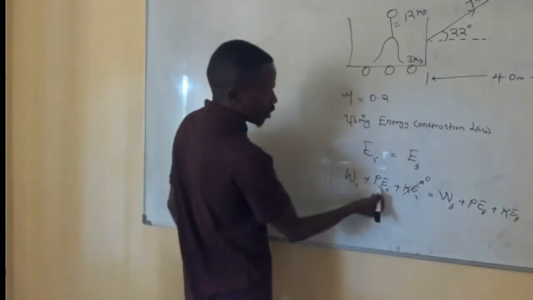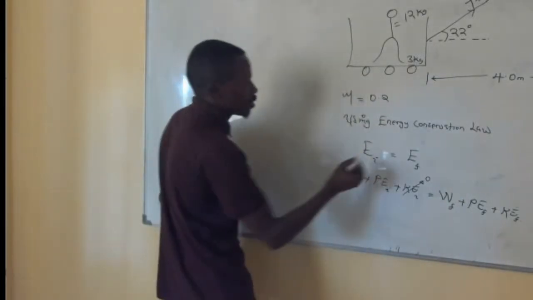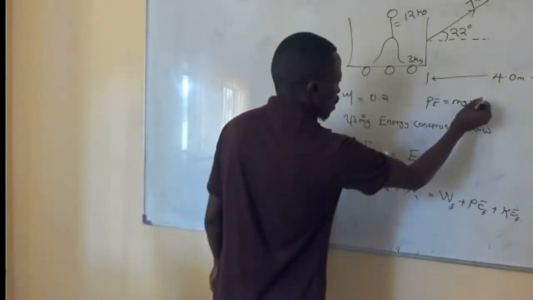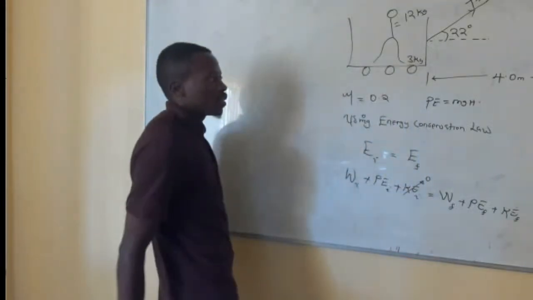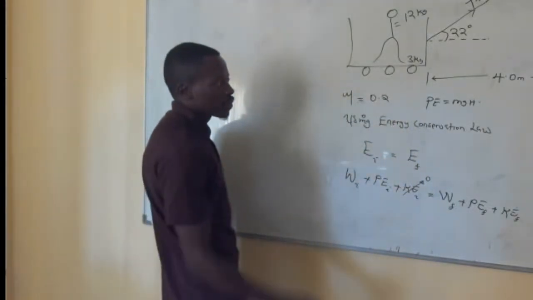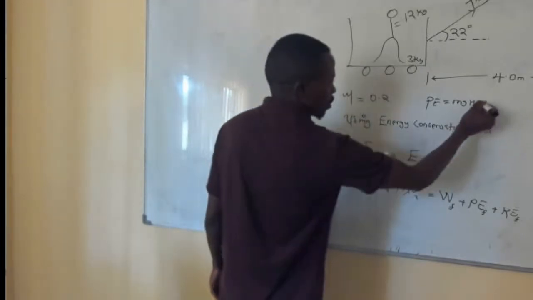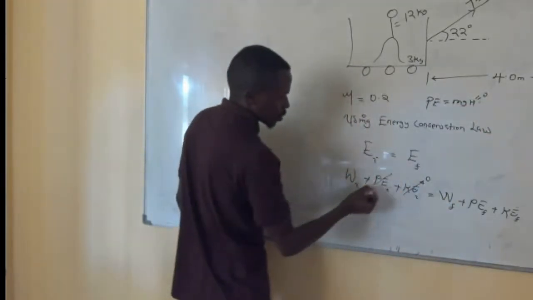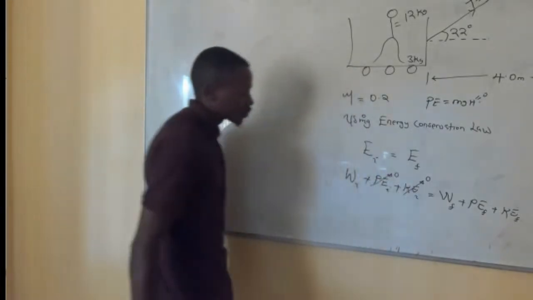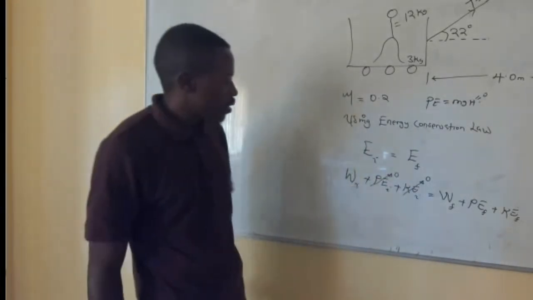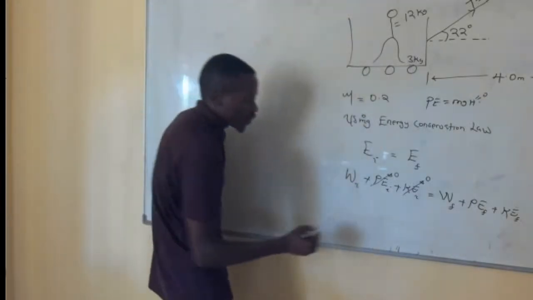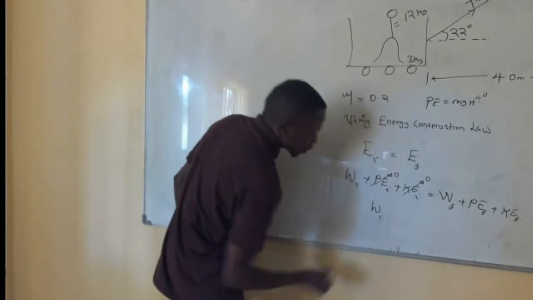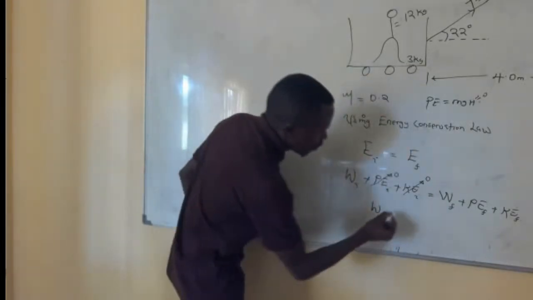The potential energy is given by mgh. In this case, this thing is being dragged on the horizontal surface, so h is 0 and as such the potential energy is also 0. What remains is the work done in order to move the system.